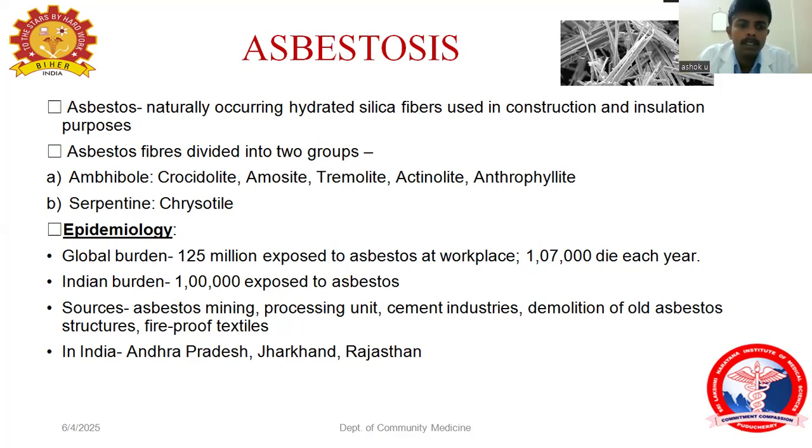Sources of asbestos include asbestos mining and processing units, cement industries, demolition of old asbestos structures, and fireproof textiles. In India, Andhra Pradesh, Jharkhand, and Rajasthan mainly produce asbestos.